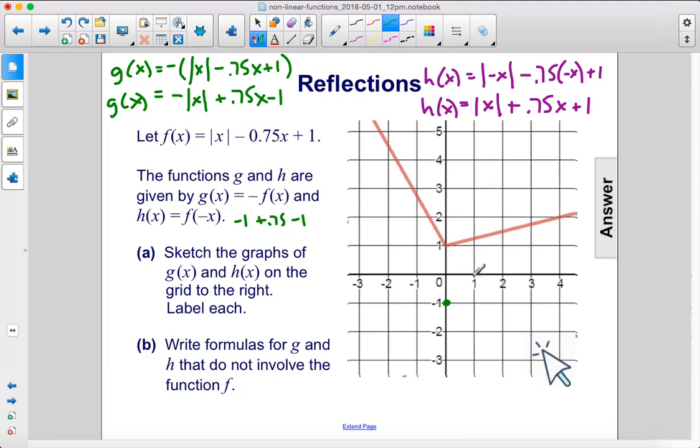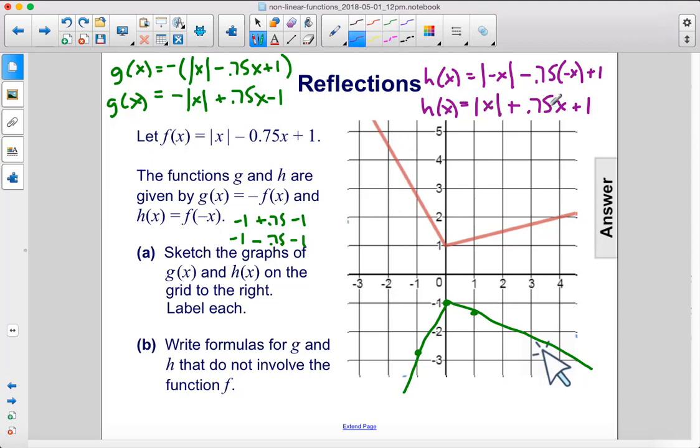That's going to be here. All right, so if we put in negative 1, negative 1 would be positive 1, but then negative again. So negative 1 minus 0.75 minus 1. So that would be negative 2.75 here. All right, so this is looking like this.